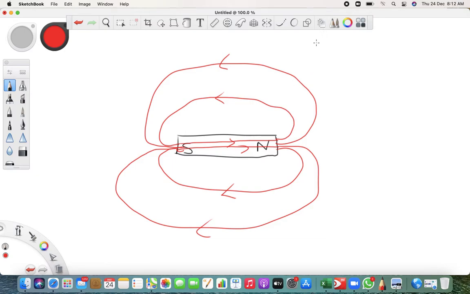Second thing, it is a vector quantity, meaning it has both magnitude as well as direction. Third thing, two magnetic field lines never cross or intersect each other.